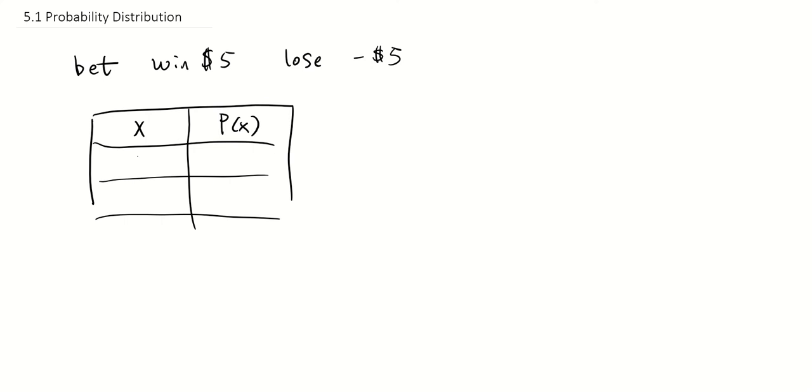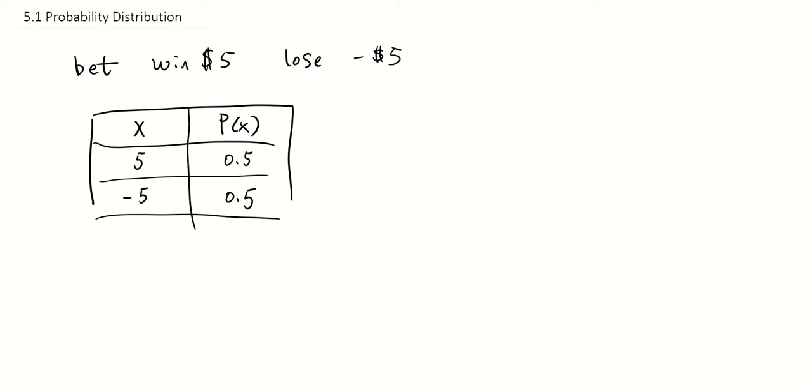One is winning $5, and the other one is losing $5. So 5 and -5. And the probability of winning $5 is 0.5. And the probability of losing $5 is also 0.5. And this is a probability distribution.